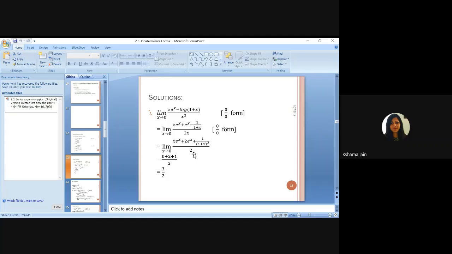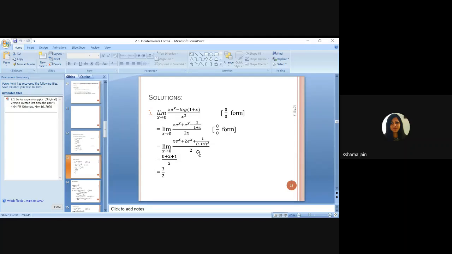Now see, there is a trick also. If the limit is x tends to 0 and you see a term of x in the denominator, until then it will be an indeterminate form. For making it a determinate form, x should be removed from the denominator. So if you see in this step, x is not there in the denominator, right?